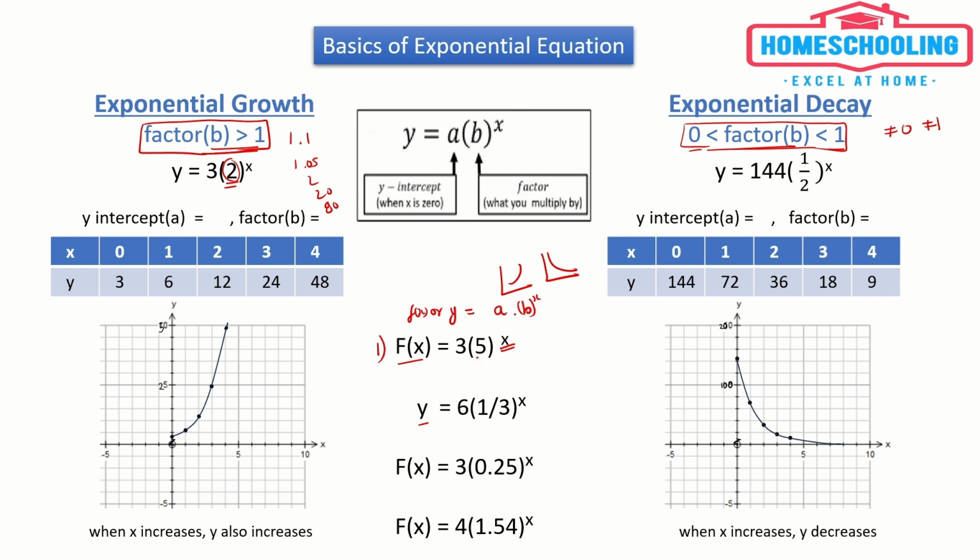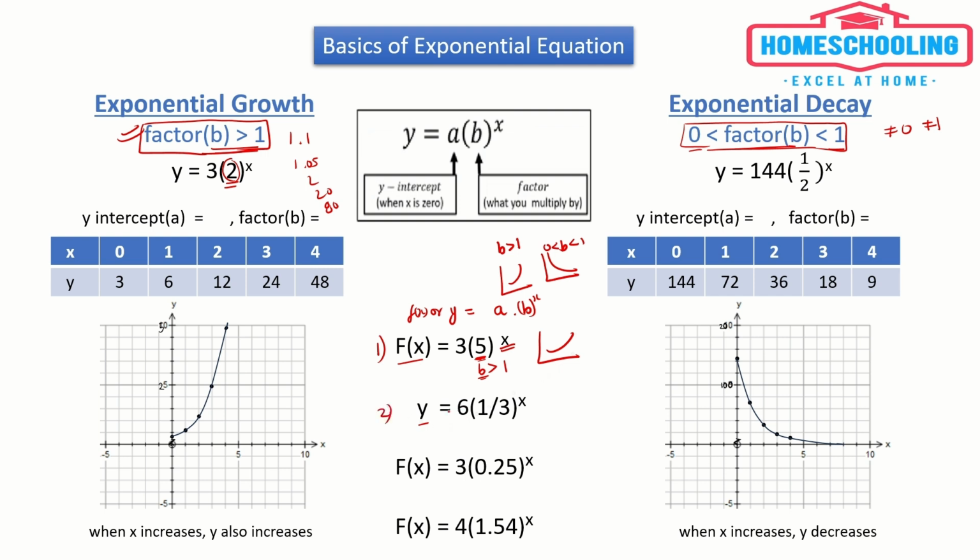Here the b value is greater than 1. So when the b value is greater than 1, we have an exponential growth graph, and when b is between 0 and 1, we will have an exponential decay graph. So in example number 1, the factor value is greater than 1, so we will have an exponential growth graph.